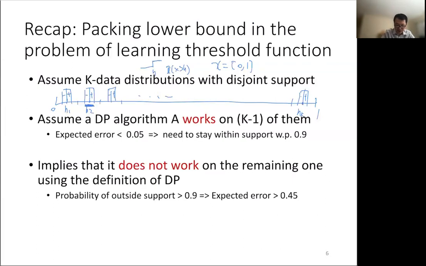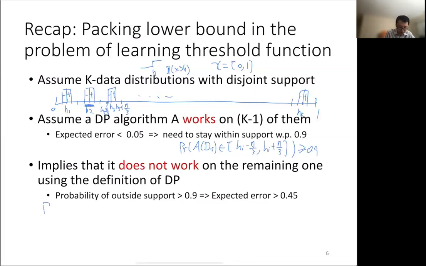Okay, so keep that in mind, which says that the probability of this algorithm, under a data set Di, outputting something that is inside hi minus eta over 3 and hi plus eta over 3 needs to be larger than 0.9, right? So this is h3, and this is h3 plus eta over 3, and this is h3 minus eta over 3. Okay, and the argument goes that we want to show, using the definition of differential privacy, that this algorithm doesn't work on the first distribution.